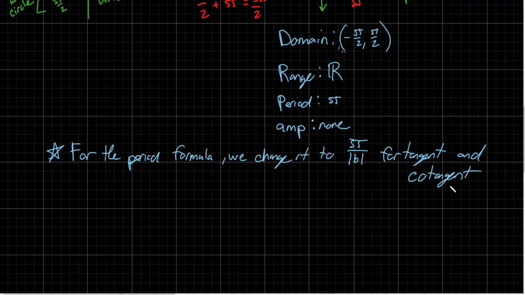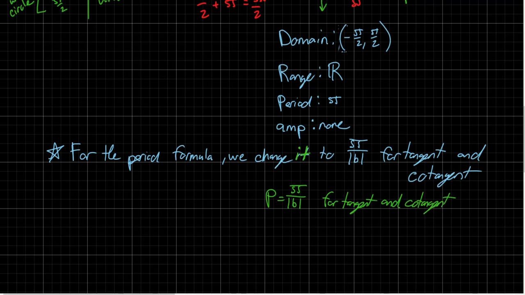So this would be p equals pi divided by absolute value of b for tangent and cotangent.